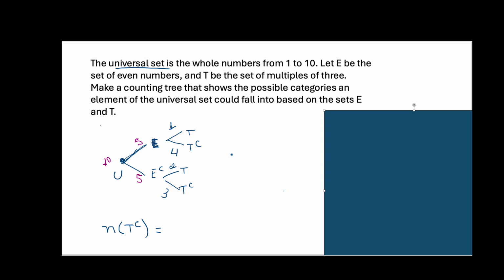Use the rule where you can represent a set, or the number of elements in a set, by the paths that pass through it. What's the path that passes through T complement? This one? Do we have another one? Yes, here. So this plus this is T complement.